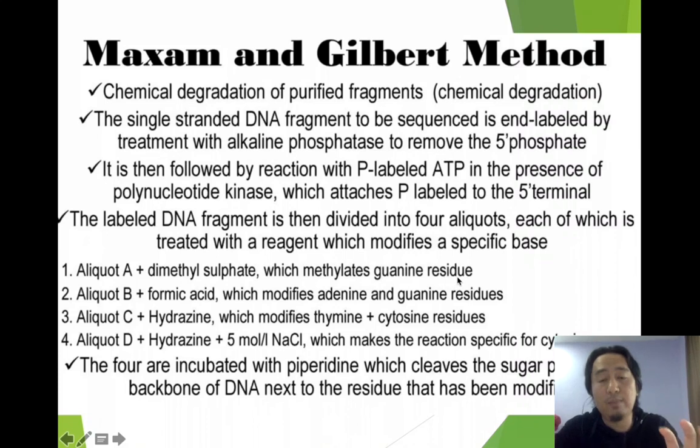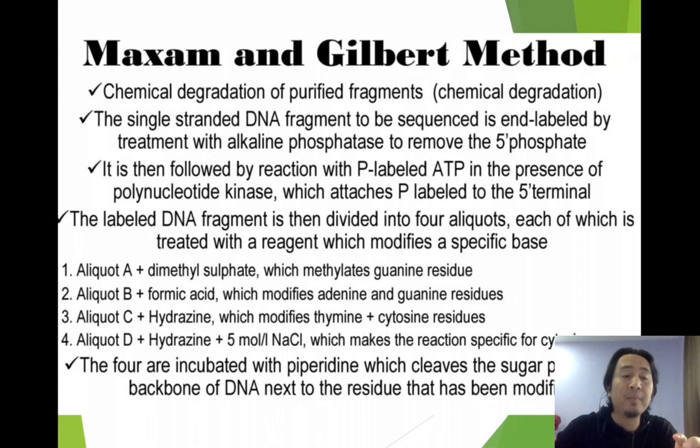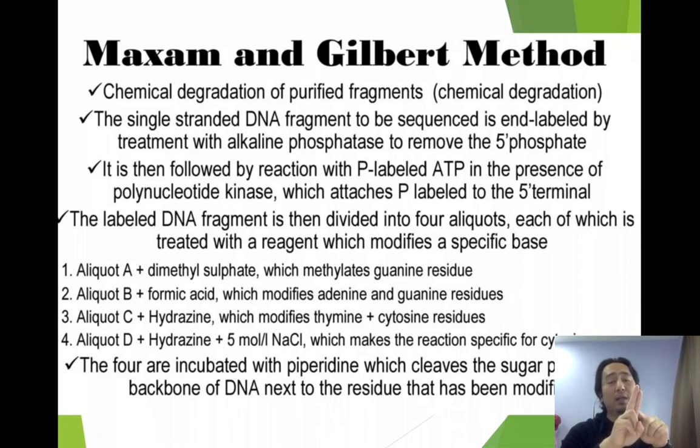So it will only methylate G residues, only G. On test tube number 2, aliquot B, you will add formic acid, which modifies adenine and guanine both. So the first test tube has only DMS with this DNA, and it only recognizes guanine residues. But test tube number 2, with formic acid added to the same sample, will recognize both adenine and guanine residues.